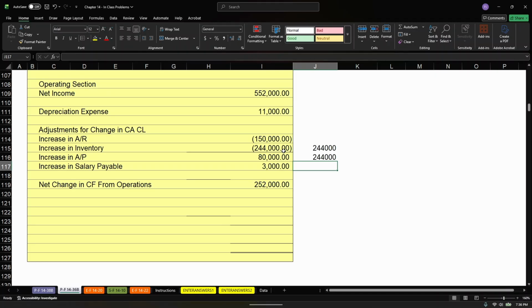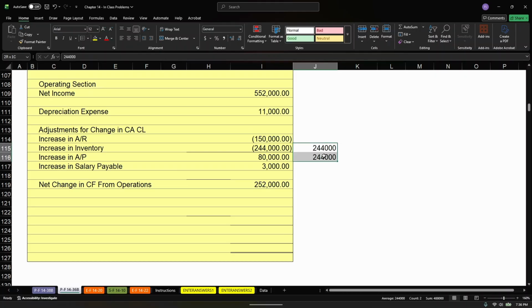So though we're looking at each one individually and making adjustments, since they're related, you know that they're going to offset. If you bought inventory with accounts payable, there's no cash that was transacted there. So you would expect no net adjustment to cash because that whole series of transactions was not involving cash at all.